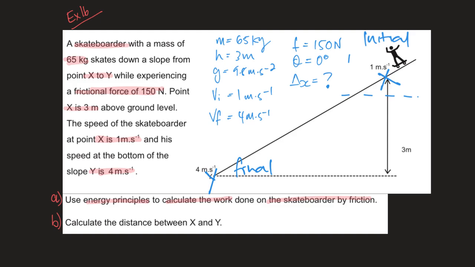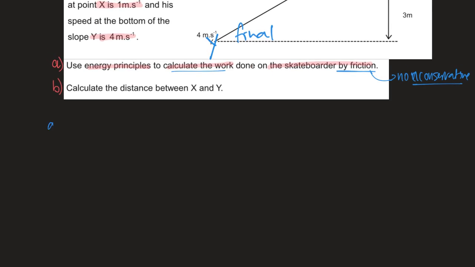Alright, so what we want is the work done by friction. Now, I know that friction is a non-conservative force, so the formula I'm going to use for A is W_NC equals the change in EP plus the change in EK.